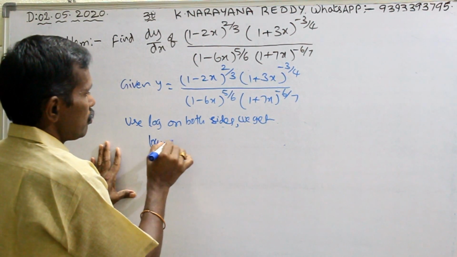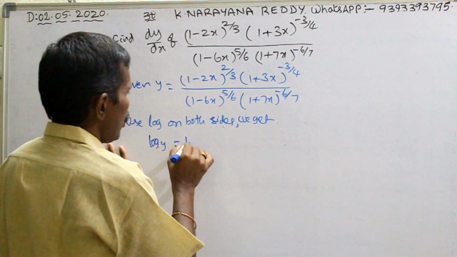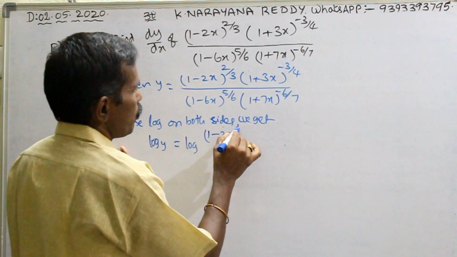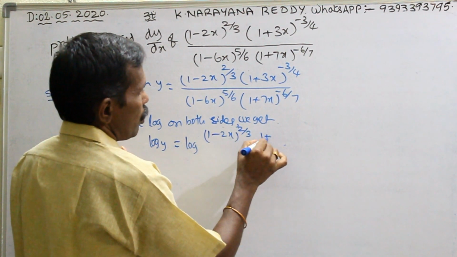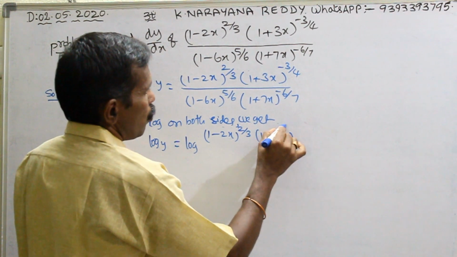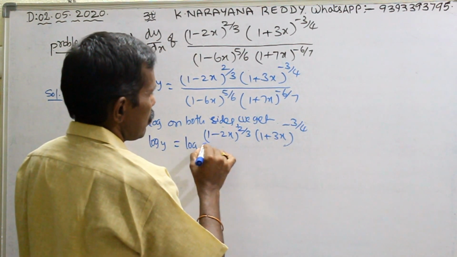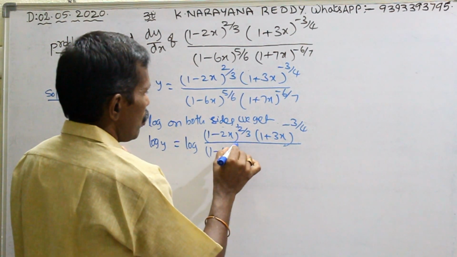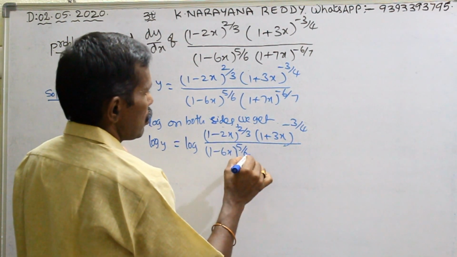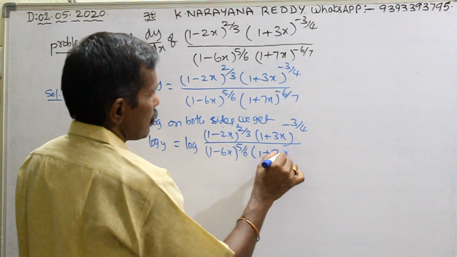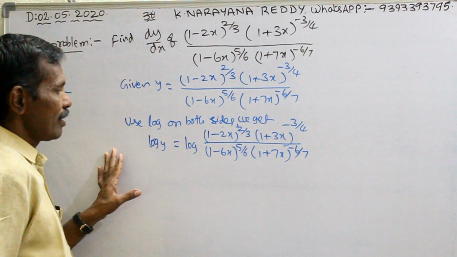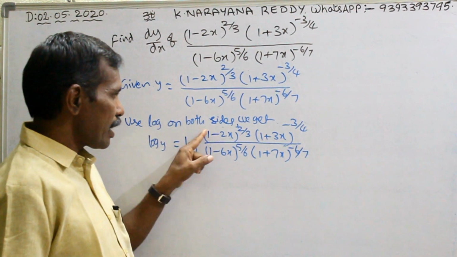Log y equals log of the same expression. Okay? This is in the form of log m by n.